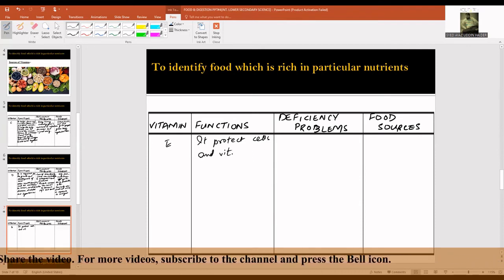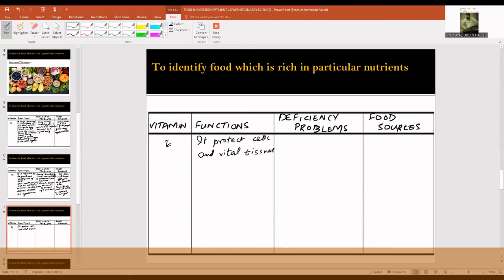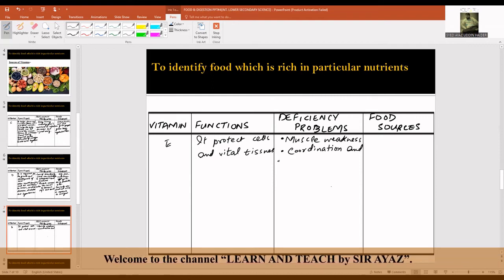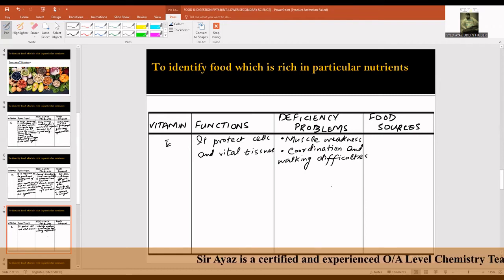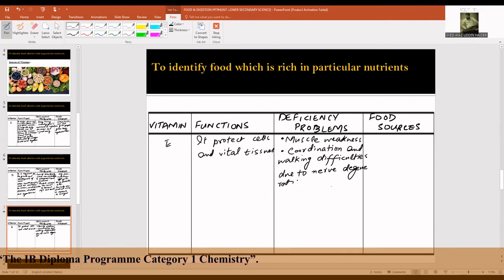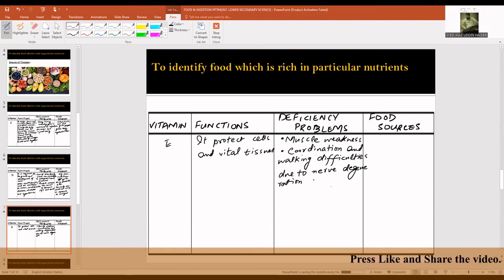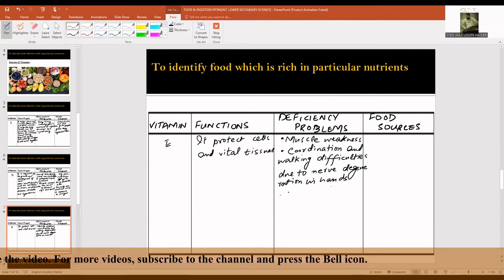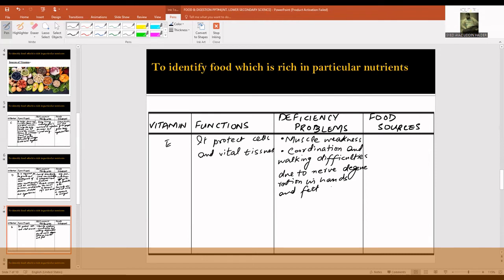Deficiency problems include muscle weakness, coordination and walking difficulties due to nerve degeneration in hands and feet. Loss of vision over time.